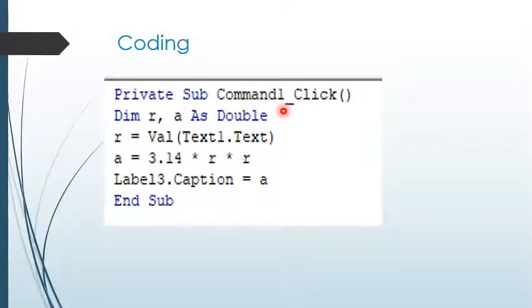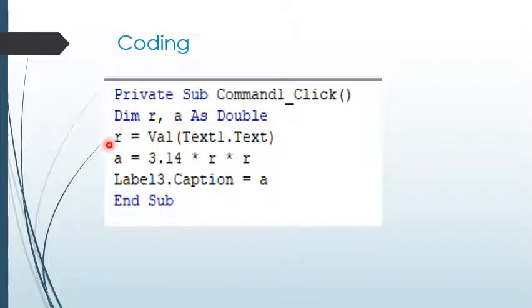What we are going to do, we have declared two variables, Dim r, a As Double, since Visual Basic has the Double data type for floating point numbers. So we have two variables, r for radius and a for area.